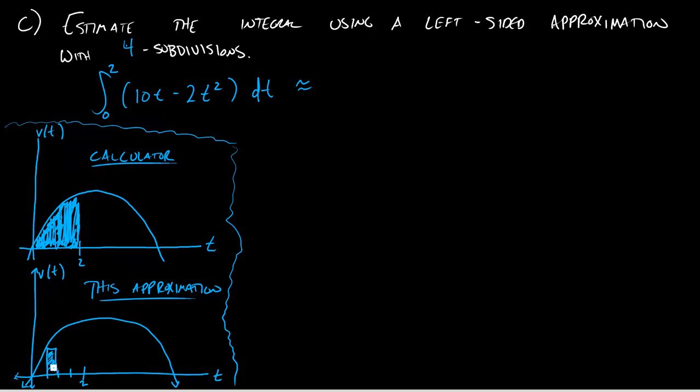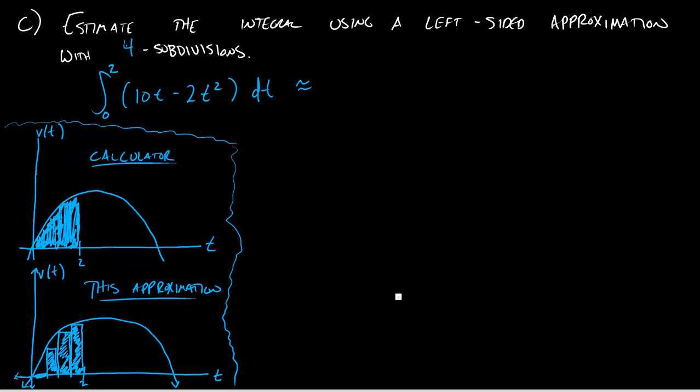So that's my area from that first rectangle. Now the second rectangle only goes as high as that left endpoint, right? And so you'll get this rectangle. This last one goes as high as this. And notice that for that first rectangle, the left endpoint is at 0.